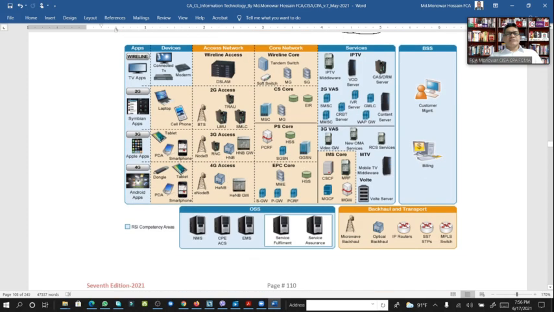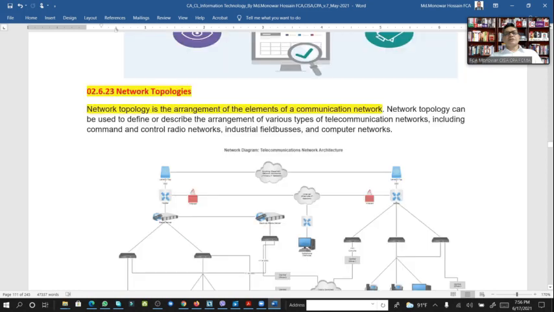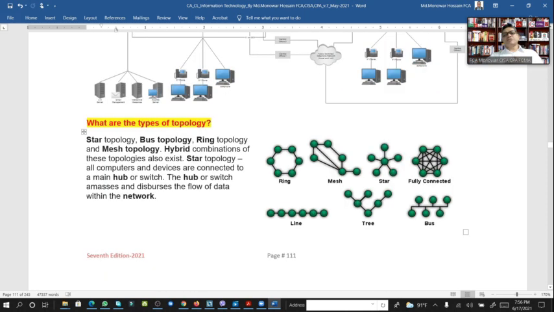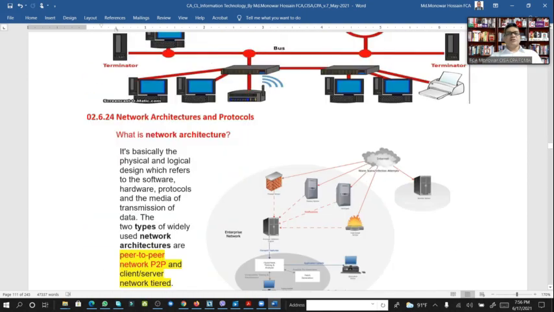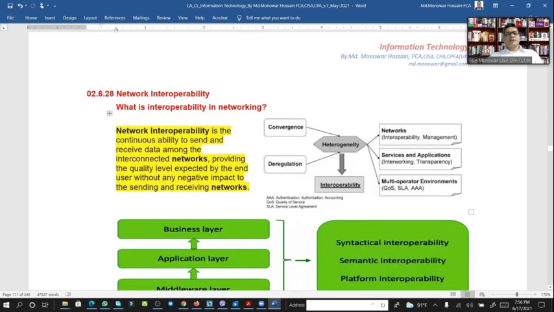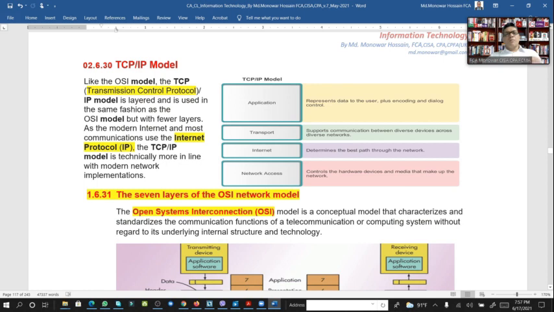Then we have seen the network topologies: ring, mesh, star, fully connected, line, tree, bus, etc., and also hybrid. We have also seen the switching alternatives, interoperability of networks, and the 7 layers of Open System Interconnection.